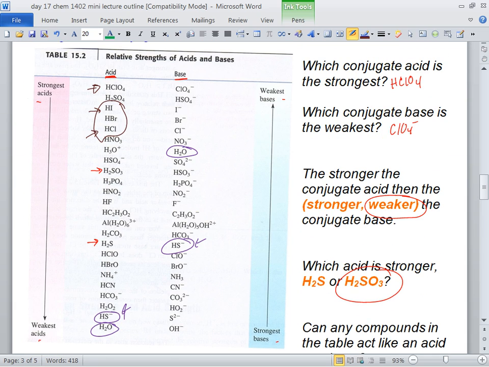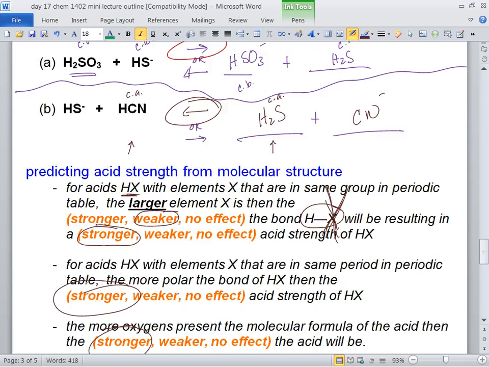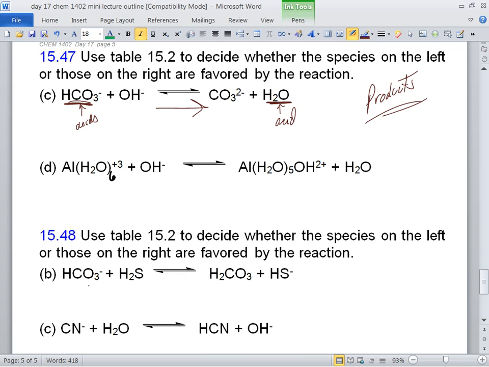On our acid strength table, the very bottom is water. HCO3 minus is right here. That's pretty weak too, but not as weak as water. So see if you can answer all of these. Shouldn't take too long. Then we'll see if we can come to a consensus.